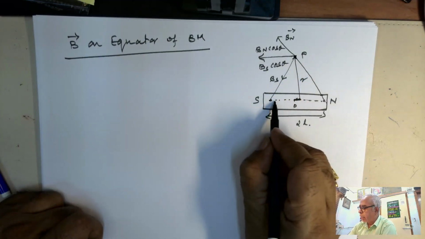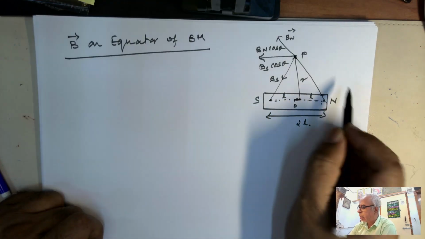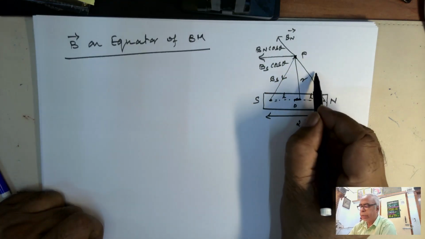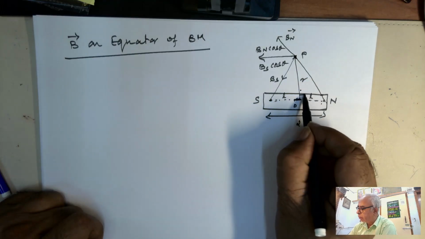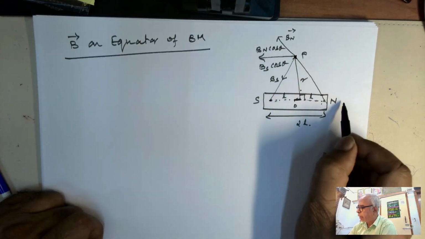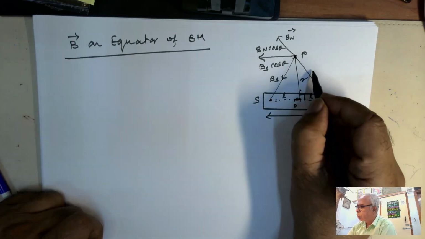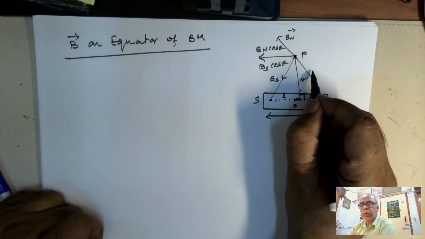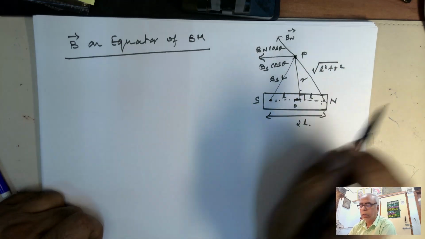Now, if this is R and this is L, 2L, and this is L and this is also L, what about the side? According to Pythagoras theorem, because this is perpendicular, it's a right angle. Let us consider OPN, O at the right angle. So this is R squared plus L squared, so the square root of L squared plus R squared.